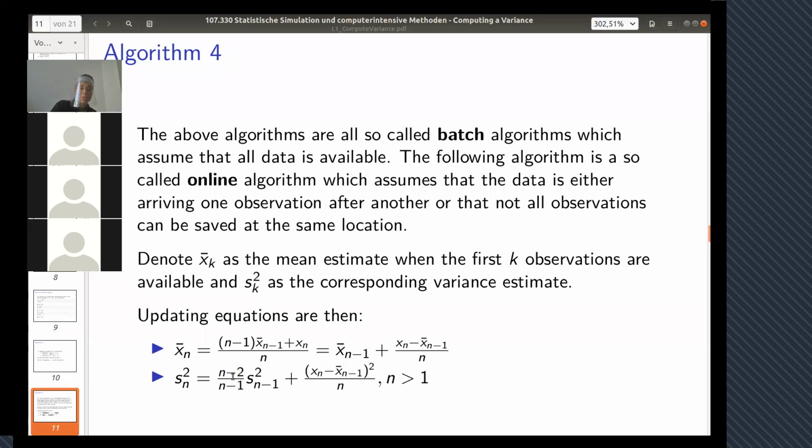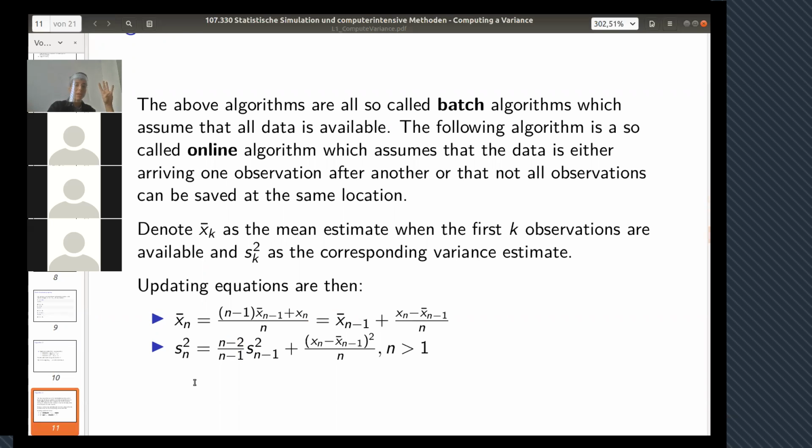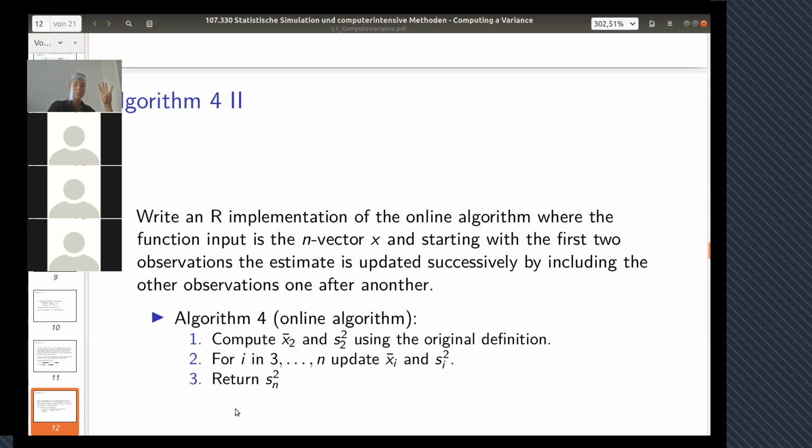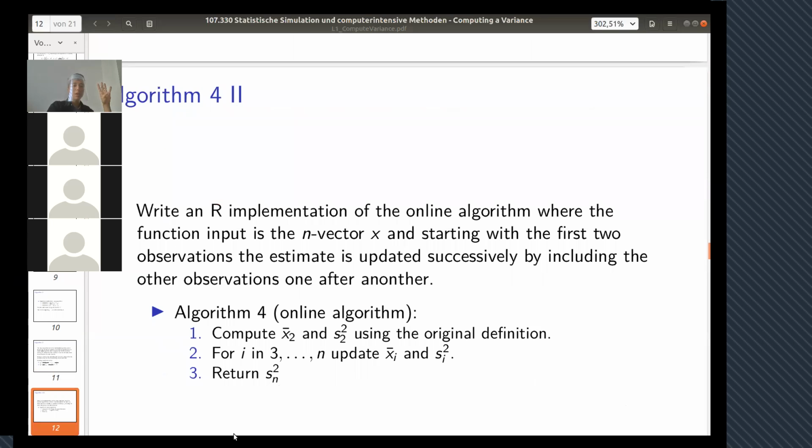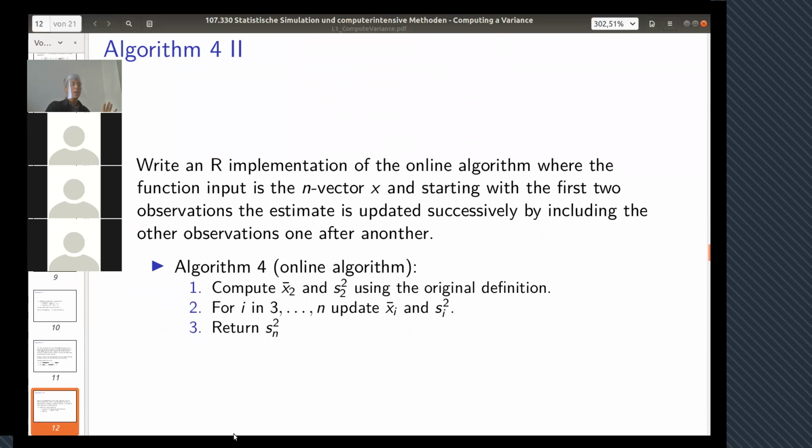So this gives us a fourth option of possible calculations for such a variance. If you do this, you go through your sample step by step, and every next value of your sample is observed like the next observation.